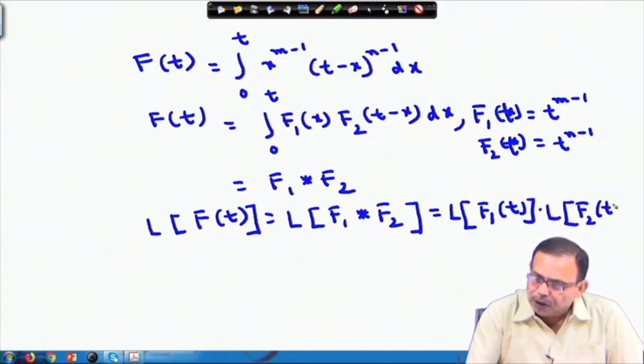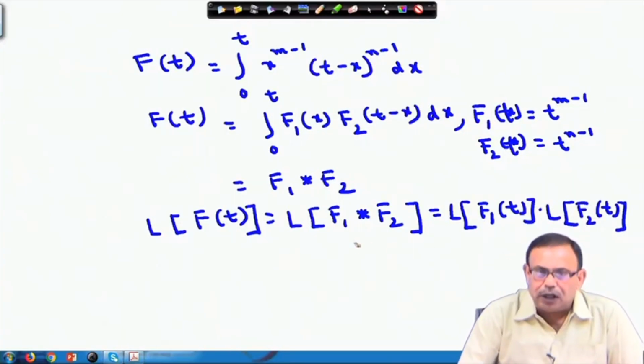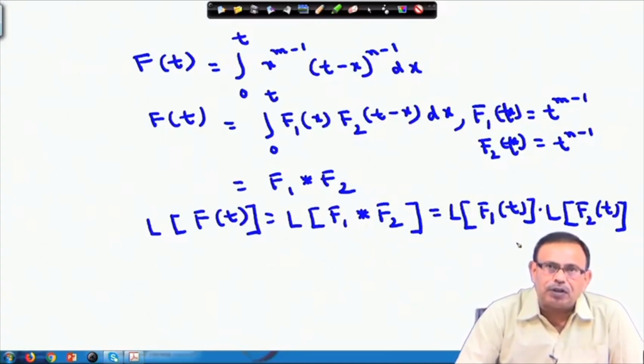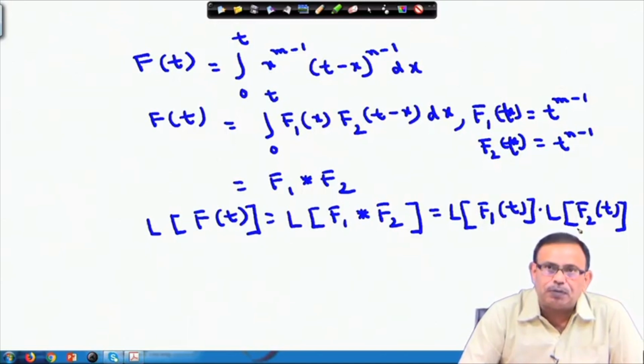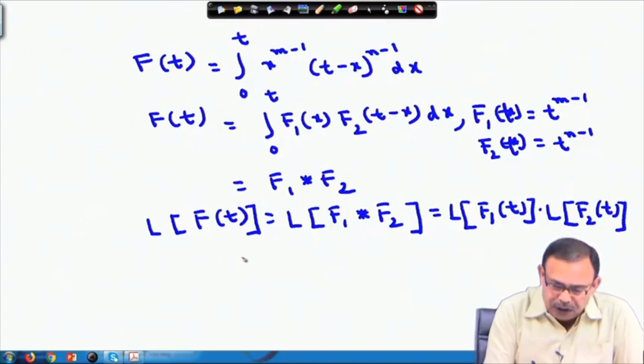So we write the Laplace transform of f t equals the Laplace transform of f 1 t into the Laplace transform of f 2 t, where f 1 and f 2 are given here.